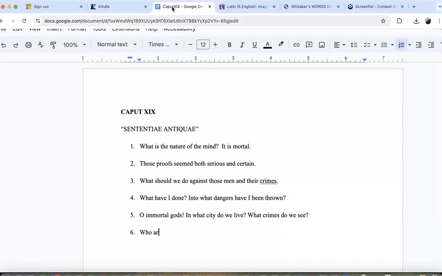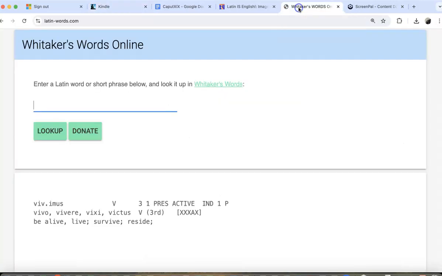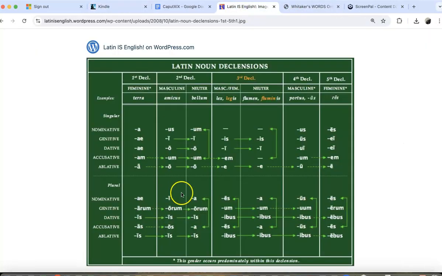So who are good citizens? It's fairly straightforward. Qui sunt boni civis. Boni is second declension nominative plural. So boni, but then citizen is third declension. So as you know, one of the challenges in Latin is keeping track what declension a noun or word belongs to.